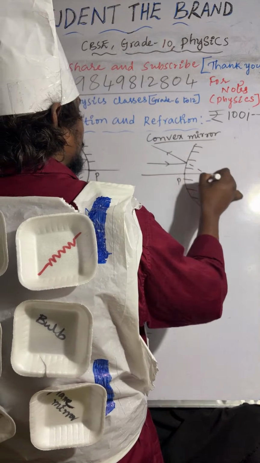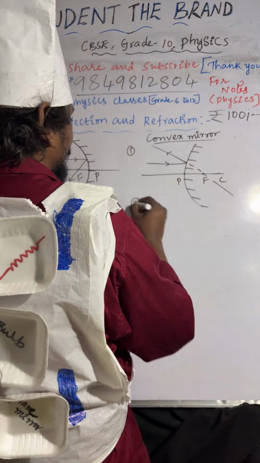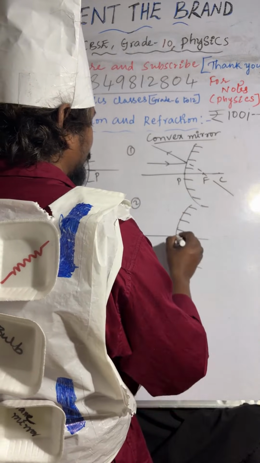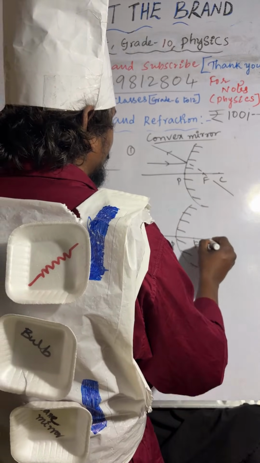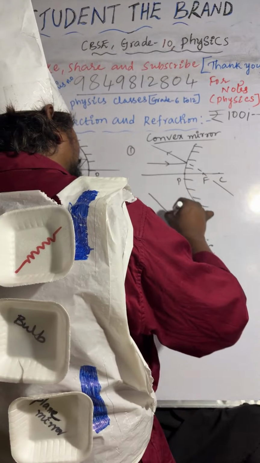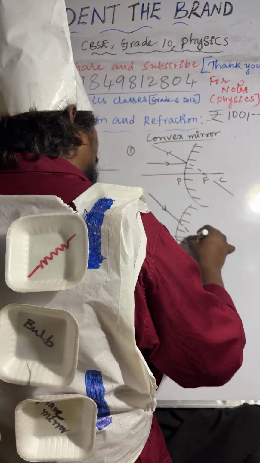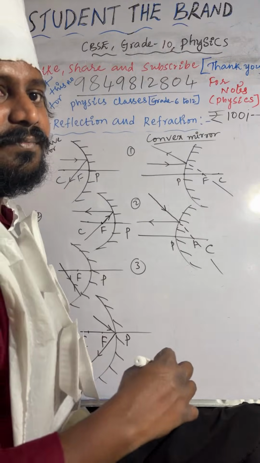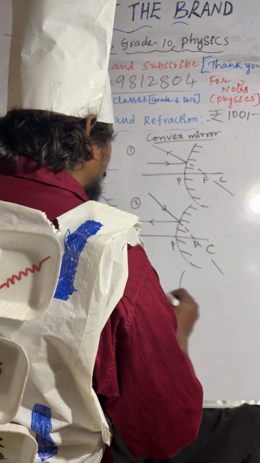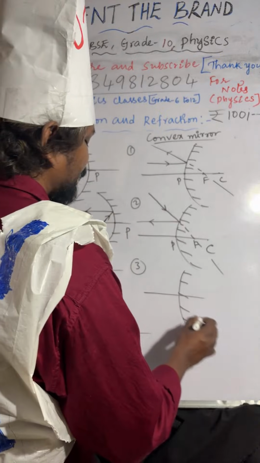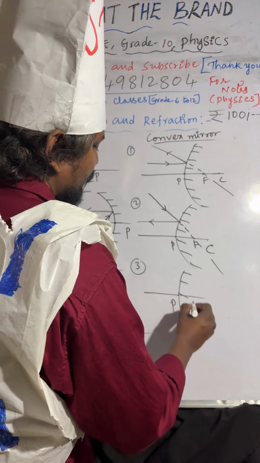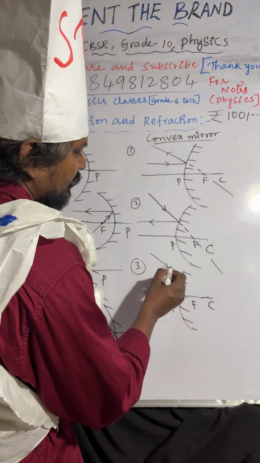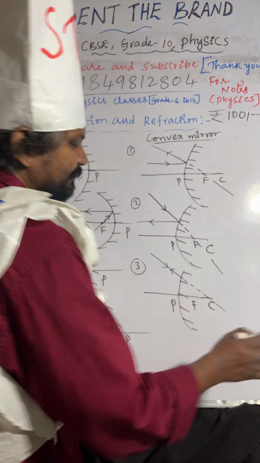You can see here it passes through the focus. Second, a light ray passing through the focus, after reflection, moves towards infinity. Coming to the third one, a light ray passing through the center of curvature retraces its original path.